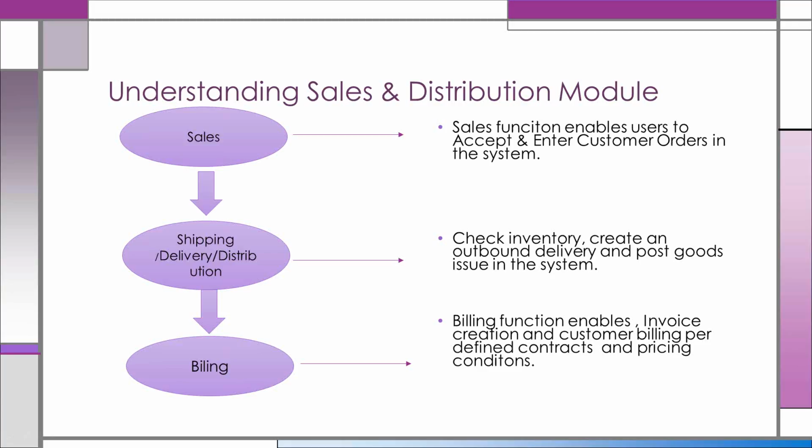If it is available, then you create an outbound delivery, right? You need to create a delivery, a packing slip has to be delivered, and once the outbound delivery is created, you post the goods issue, right? You have to say that okay, the product is available, and we have created a packing slip.